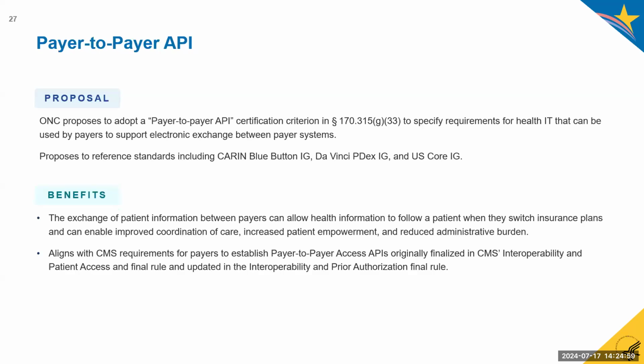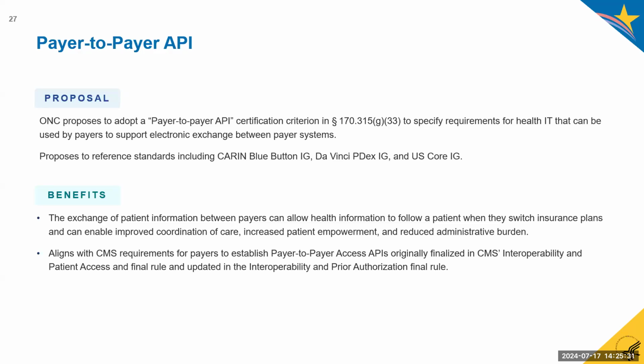So the next proposal is around a payer-to-payer API, and this focuses on a certification criterion for health IT that can be used by payers to support electronic exchange between payer systems. So supporting payer systems exchanging information with each other when a beneficiary changes coverage and payers want to support care coordination for that beneficiary.